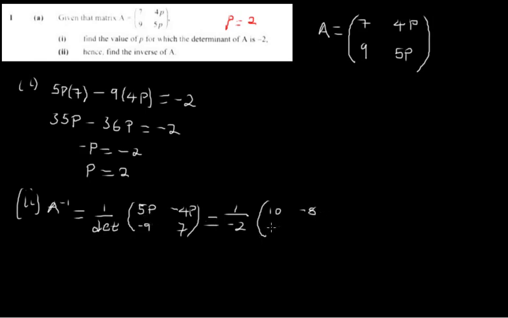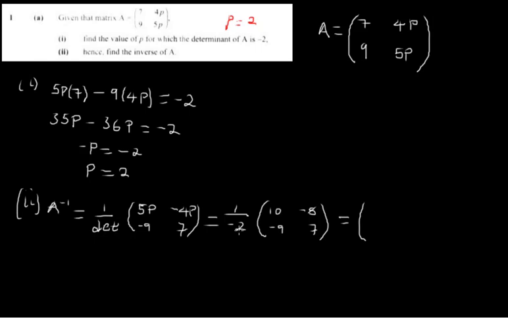And -9. And 7 remains as 7. If you want, you can go a step further and simplify this, but if you left your answer in this form, you'd get the full marks. But let's simplify this a bit further.